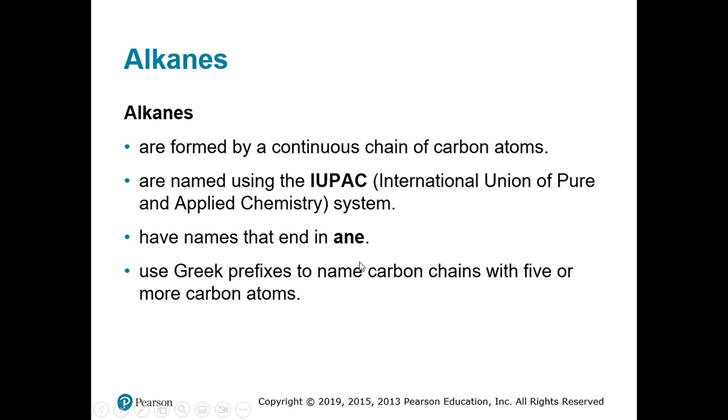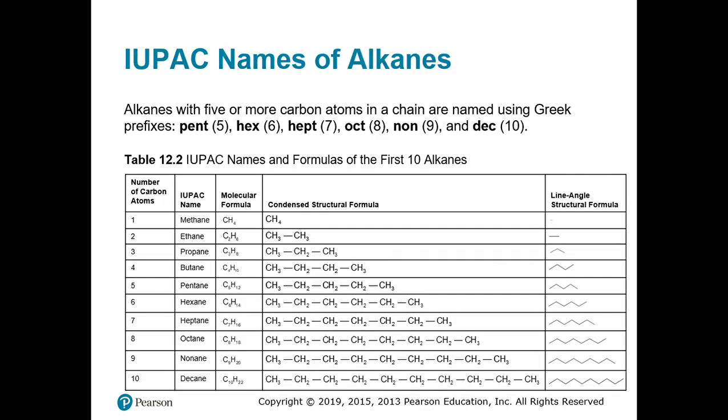And we have to use Greek prefixes to name carbon chains with 5 or more carbon atoms. Now, this is the table which shows what prefix we have to use depending on the length of the carbon chain or the number of carbons present in the compound.